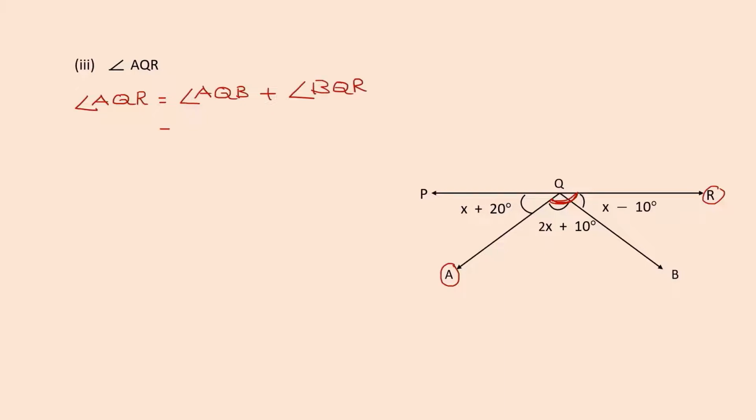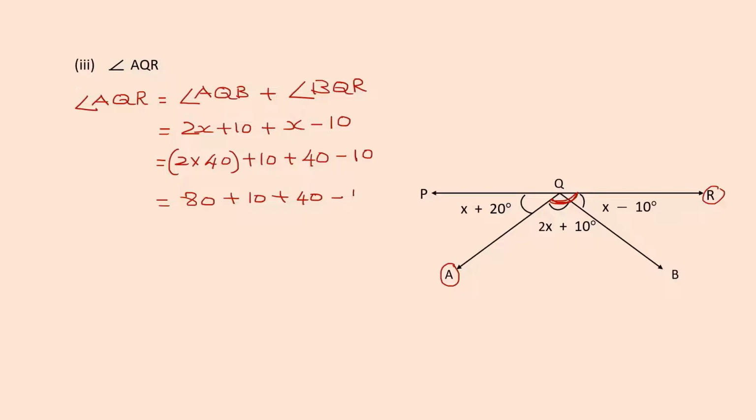Let's substitute. AQB is 2x plus 10 and BQR is x minus 10. Okay, so wherever you have x, you have to put 40. So 2 into 40 plus 10 plus 40 minus 10.